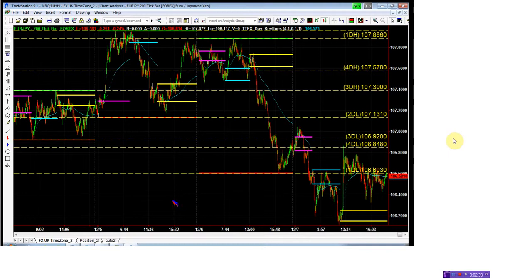So if I'm looking at this movement to the downside right here, the 106.92 and the 106.84 would pretty much be the structural failure to the upside.